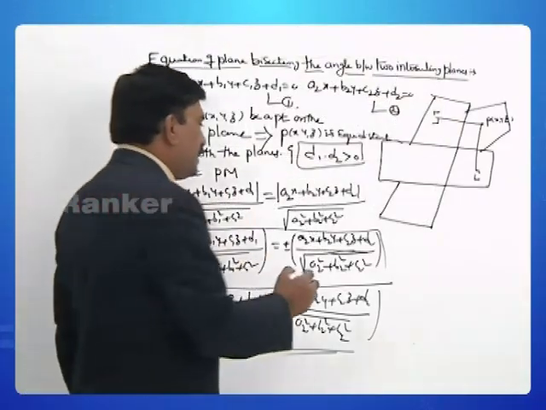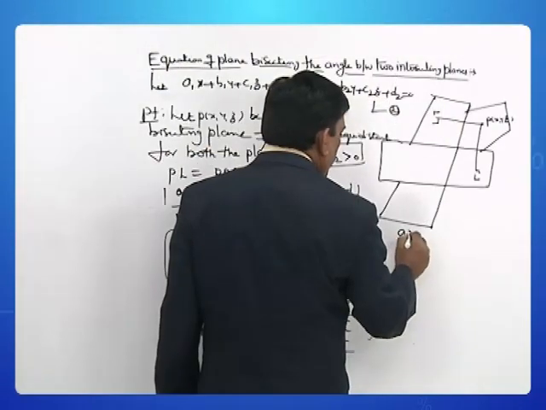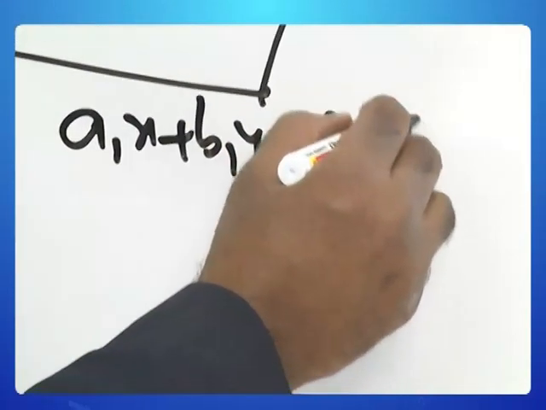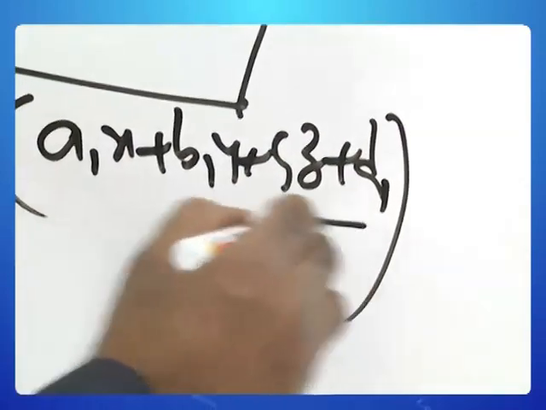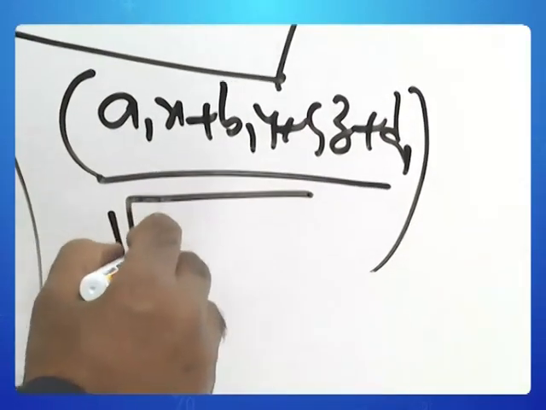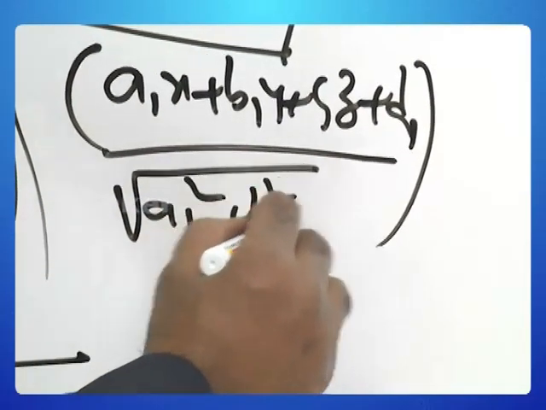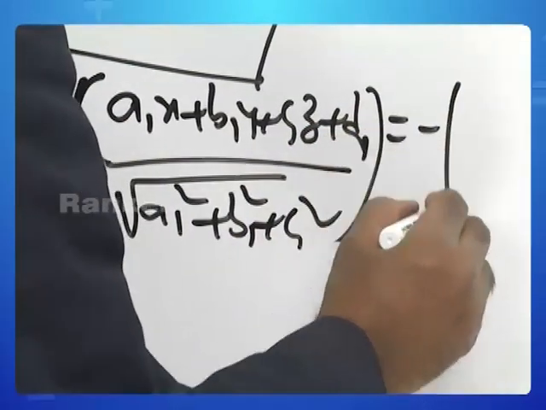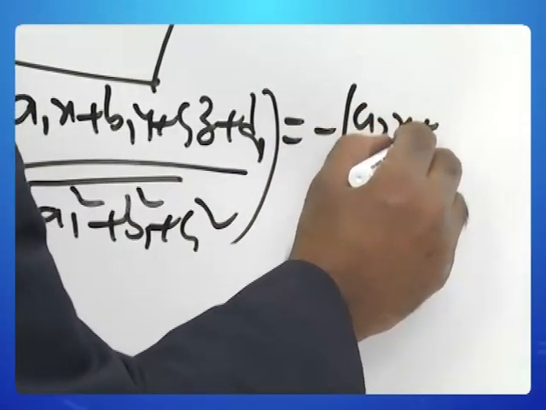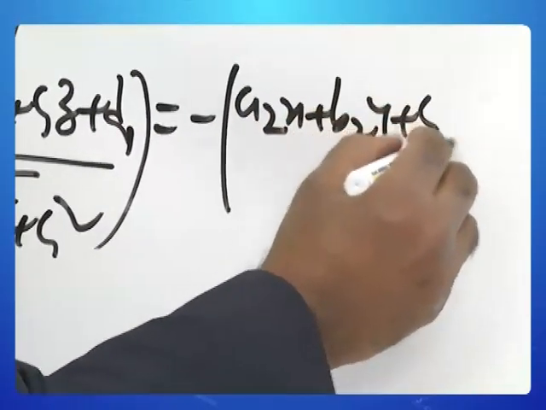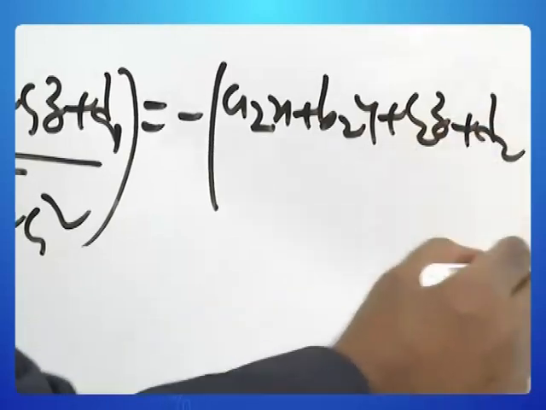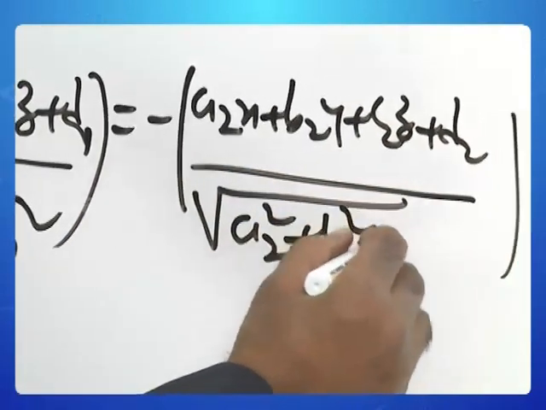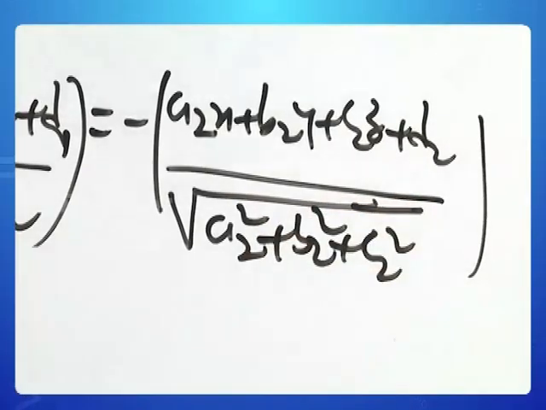The other bisector is A1x plus B1y plus C1z plus D1, whole divided by the square root of A1 square plus B1 square plus C1 square, is equal to minus of A2x plus B2y plus C2z plus D2, whole divided by the square root of A2 square plus B2 square plus C2 square, right?